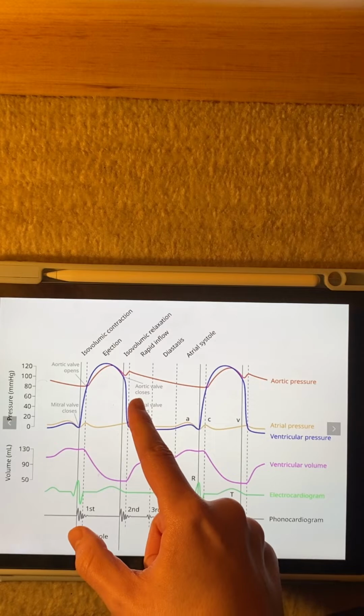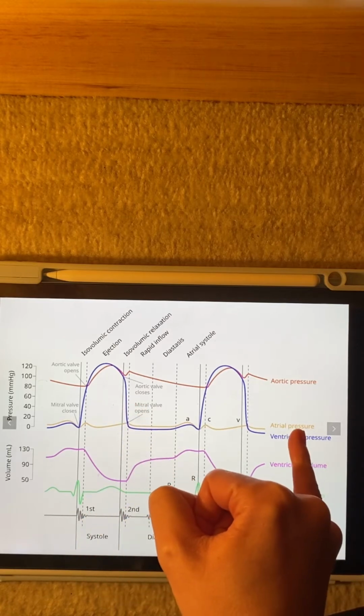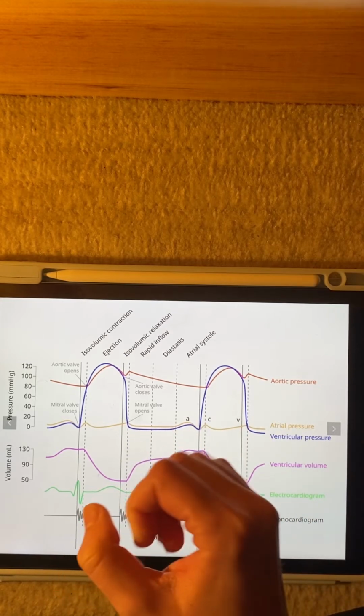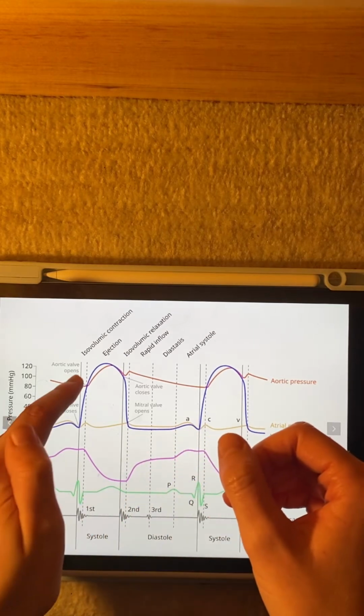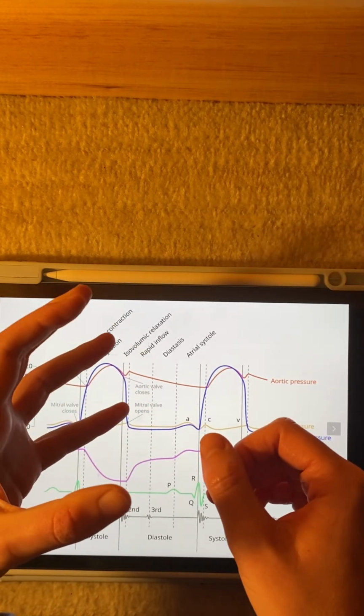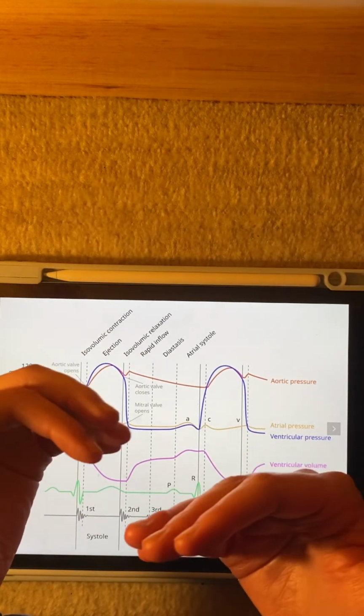Now, once our ventricular pressure falls below our atrial pressure, our mitral valve opens. During ventricular repolarization, when our ventricle is relaxing, our atriums are also refilling with blood.